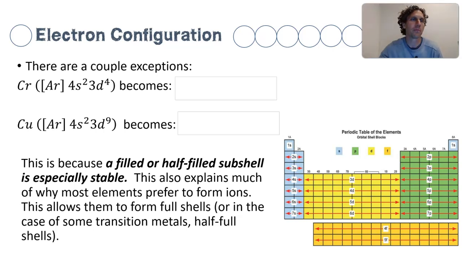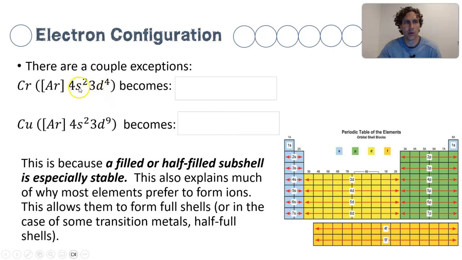Chromium is argon and then 4s2, 3d4, but half-filled shells and filled shells, when it ends on a half-filled shell, that is more stable. Or a full shell, that is more stable. And you have an understanding of that because you know that the noble gases have full shells and they are more stable.